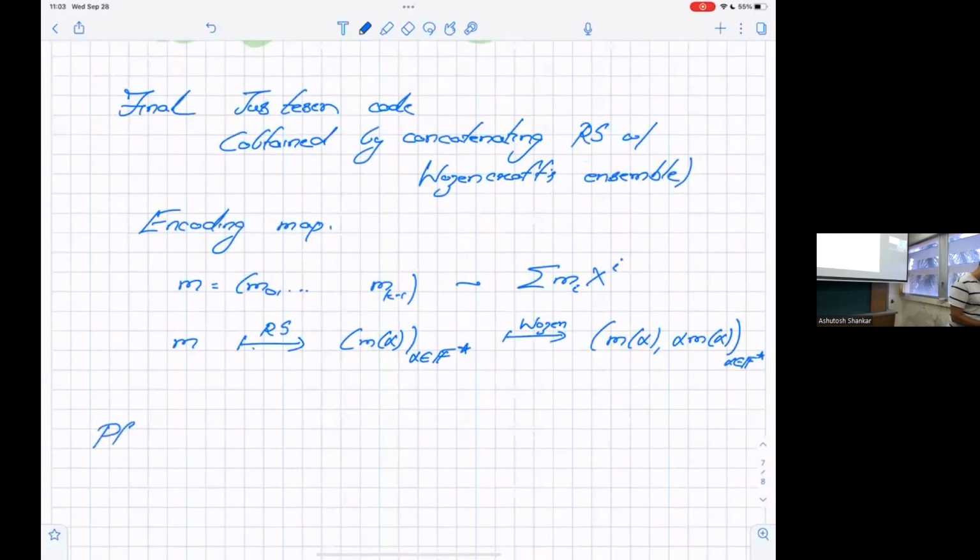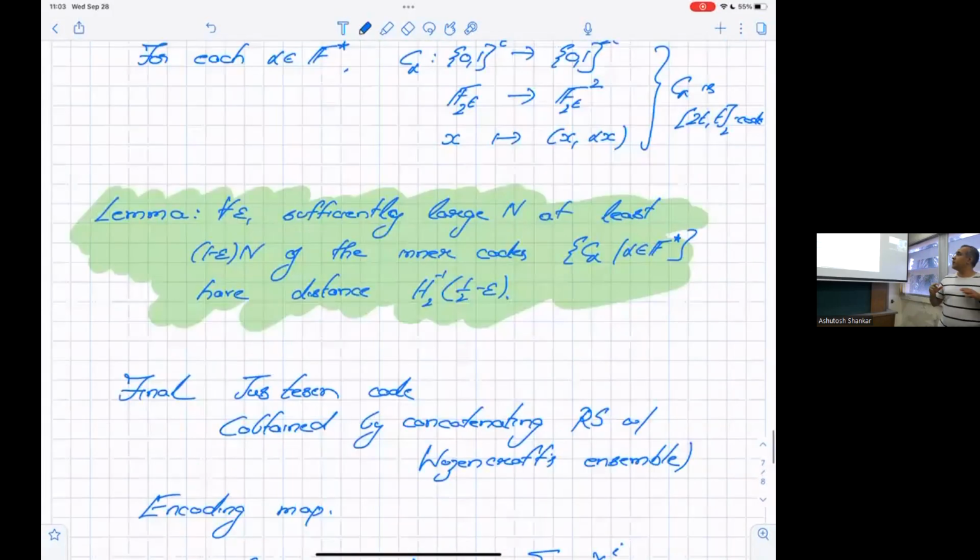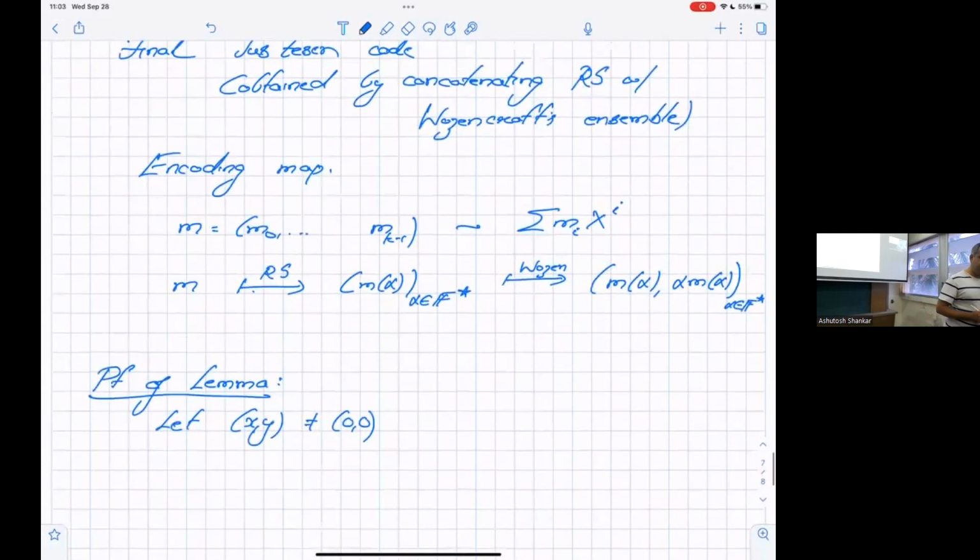Let's go to the proof. Okay. So let xy be anything, a non-zero string. I want to ask how many of the C alphas are bad, don't have good distance. I want to say if I give you an xy which is not the all-zero string, this xy can be in the image of at most one of the C alphas.